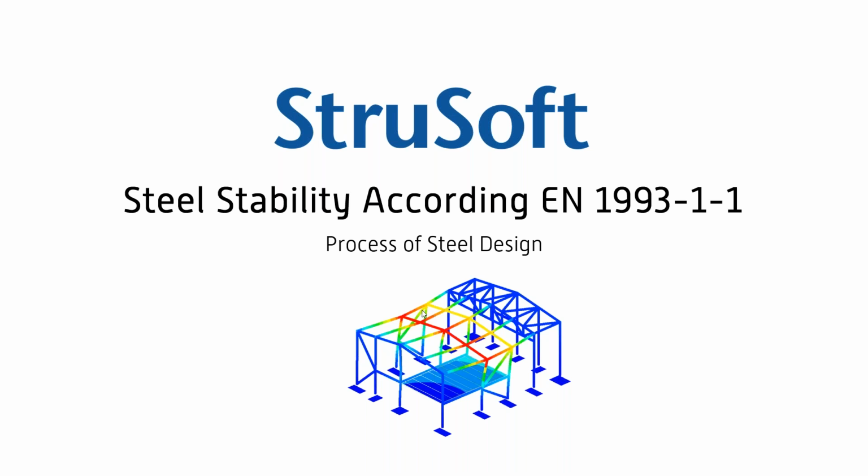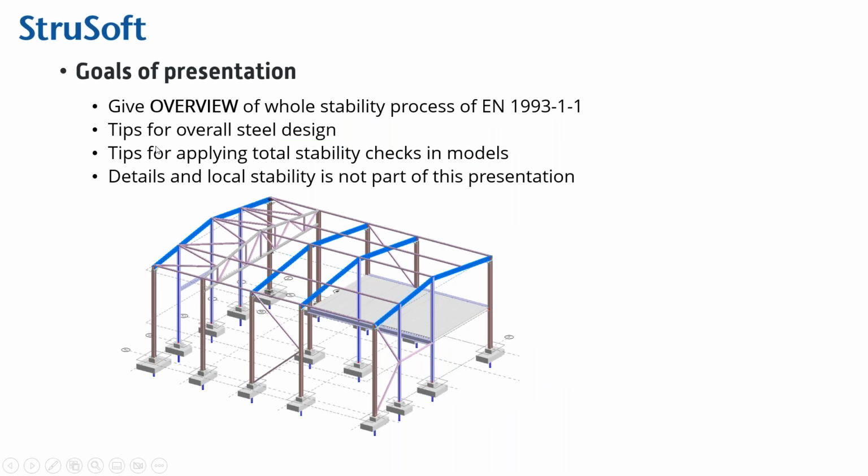I think we can start. Roughly the agenda today is that we will try to give you an overview of the whole stability process, how you should handle the stability calculations in Eurocode 3, and also a few tips about practical steel design that I have gathered in 15 years of designing steel, and tips about how you apply the total stability checks in your steel model.